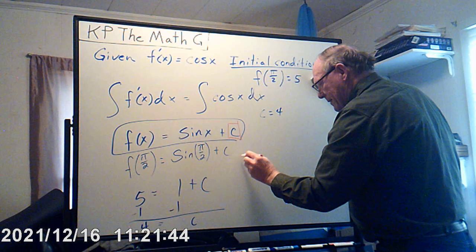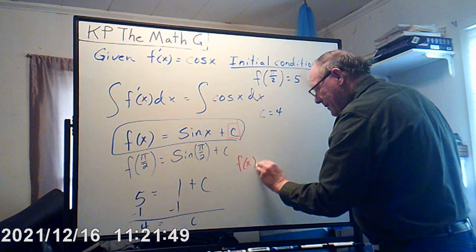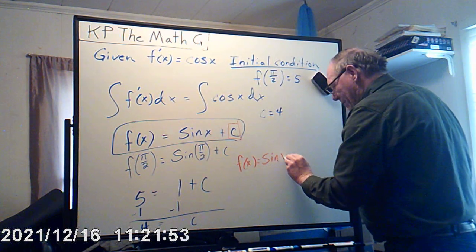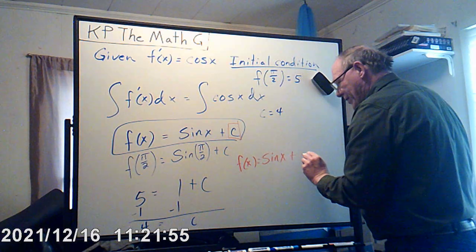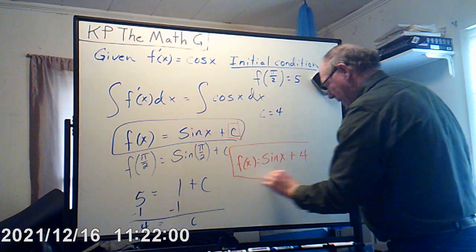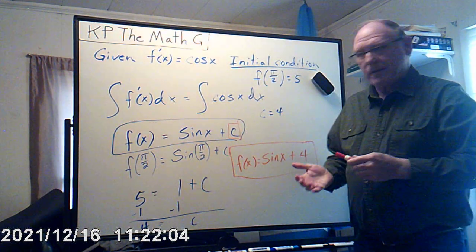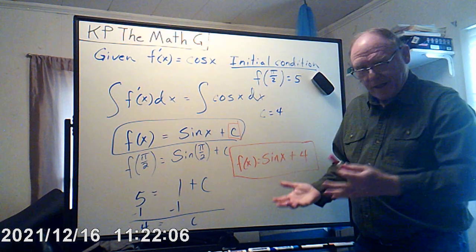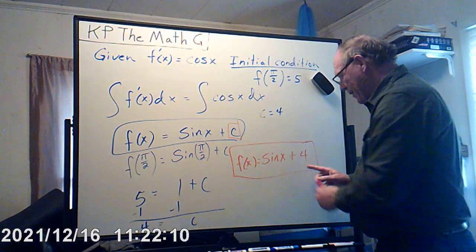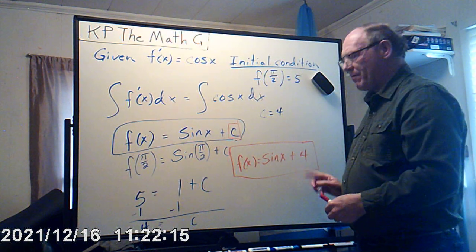So f at x is equal to sine x, and the only thing you are filling in is plus c, which is plus 4. And that's a particular solution now, because we don't have a general solution. We now have a particular number.